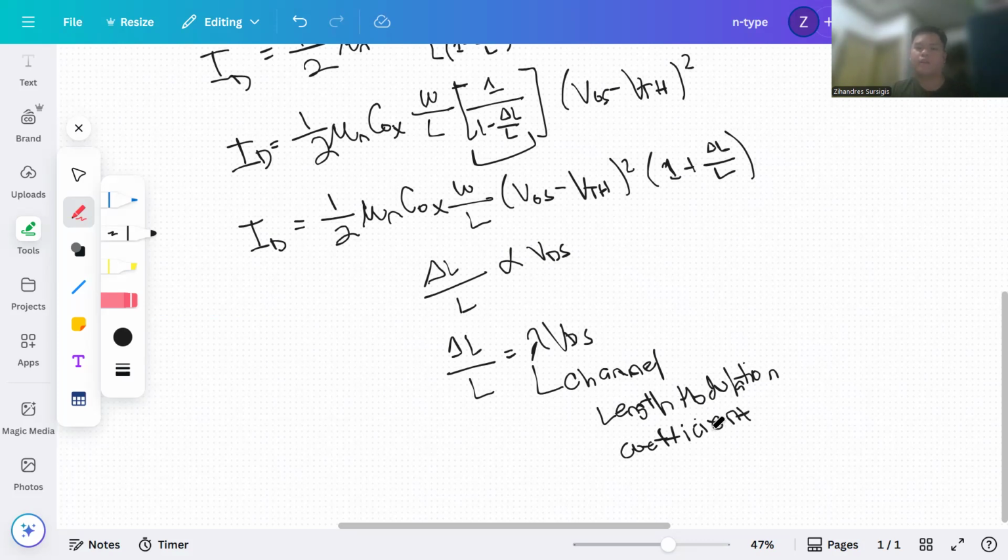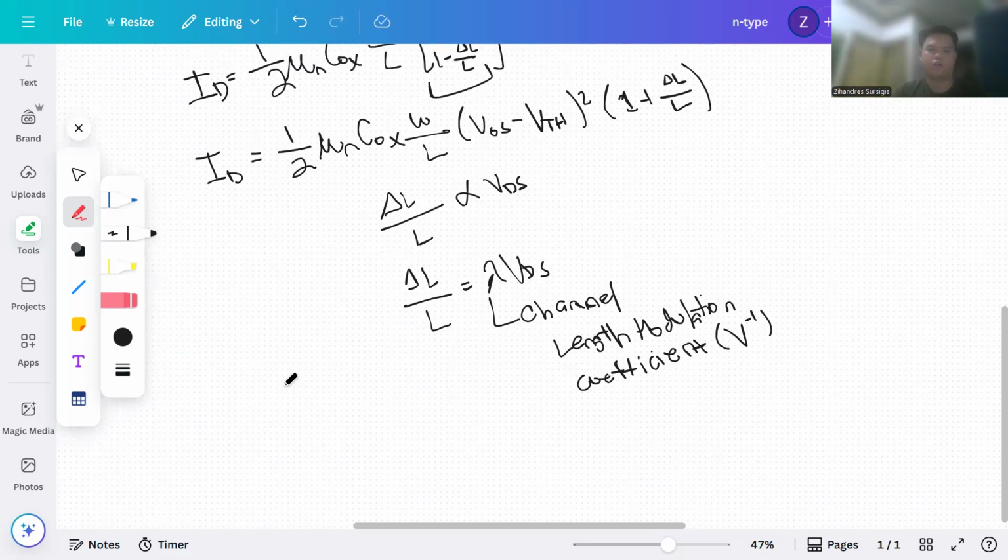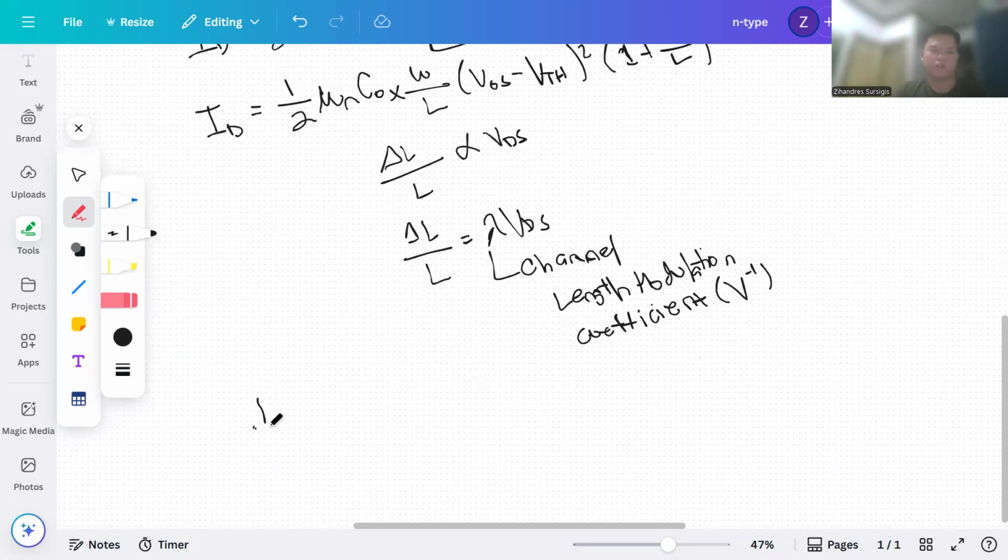And the unit for this is volts raised to negative 1. So from there, we just substitute instead na delta L over L. We can now rewrite yung final equation ng drain current natin na kino-consider si VDS dahil sa channel length modulation.